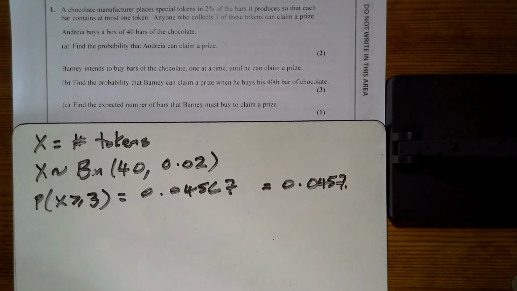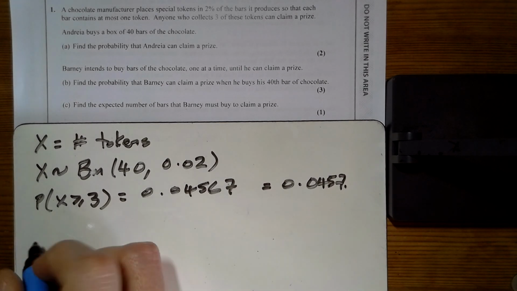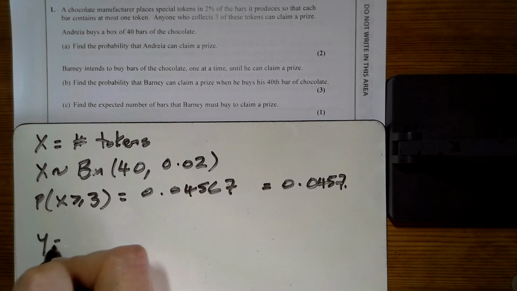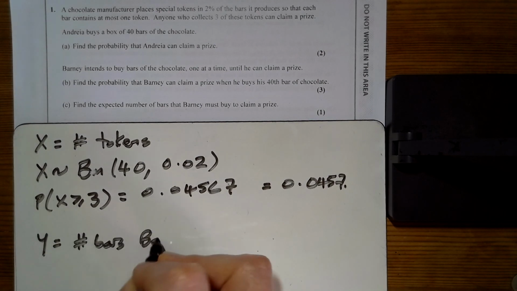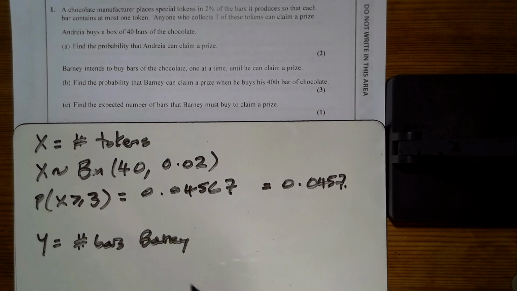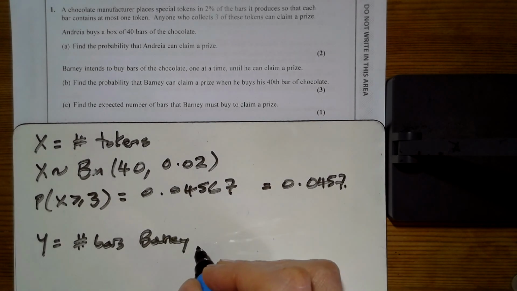Now, part B, Barney. Barney intends to buy chocolate bars one at a time until he can get the prize. And so if Y equals the number of bars that Barney buys, he's not going to buy 40, he's going to stop as soon as he's got 3 of them.